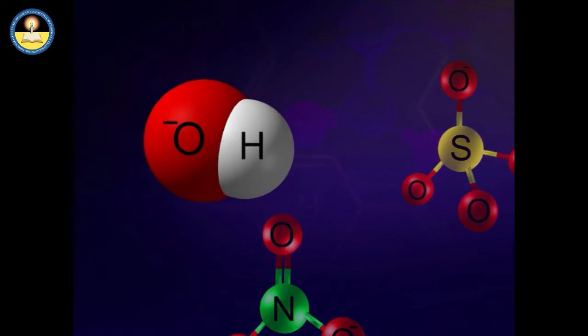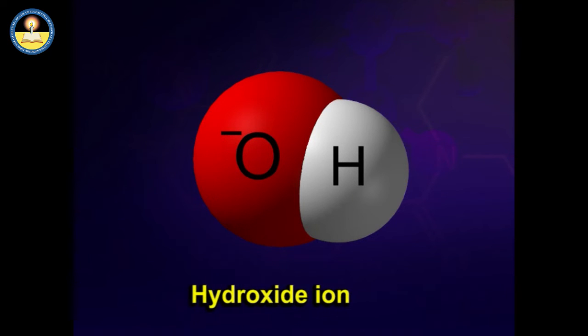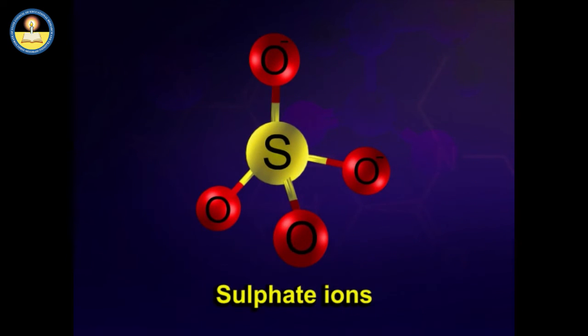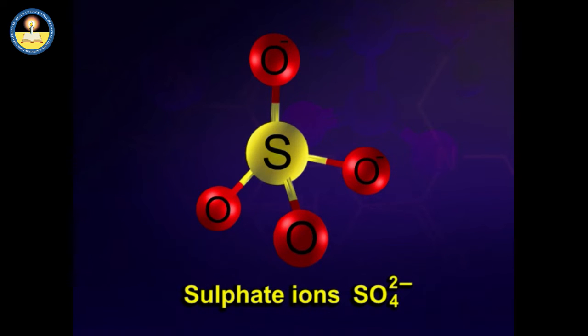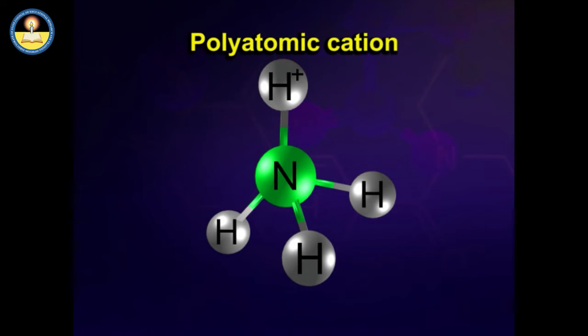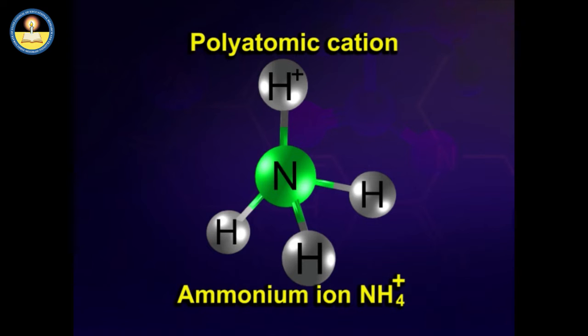For example, hydroxide ion, that is OH negative, nitrate ion, that is NO3 negative, sulfate ion, that is SO4 2 negative, etc., are polyatomic anions. A cation which contains more than one kind of atoms of elements is known as a polyatomic cation. Ammonium ion, that is NH4 positive, is an example of a polyatomic cation.